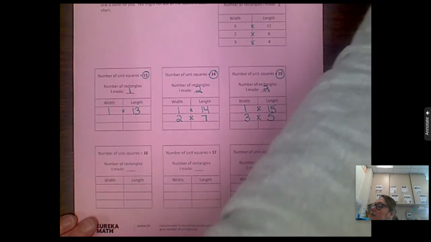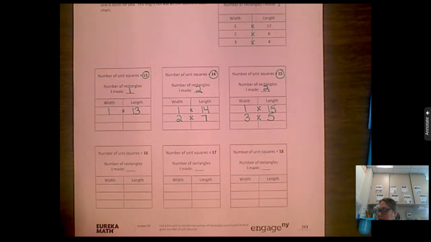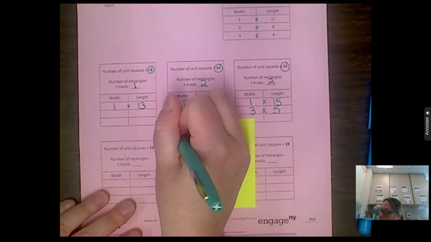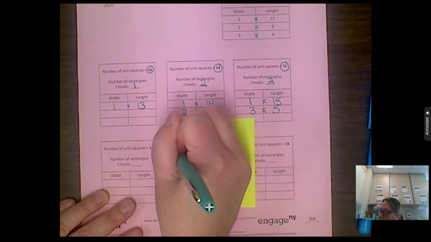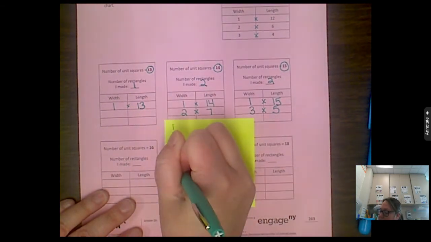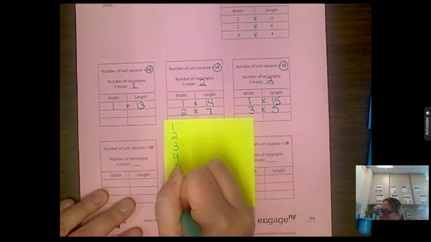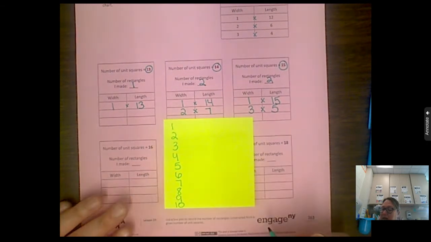If this is still confusing to you, it might help to have a little sticky note, and we could just say 1, 2, 3, 4, 5, 6, 7, 8, 9. We'll just stop at 10.